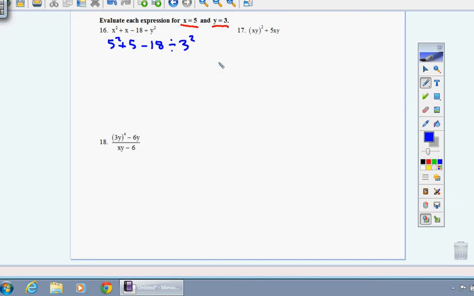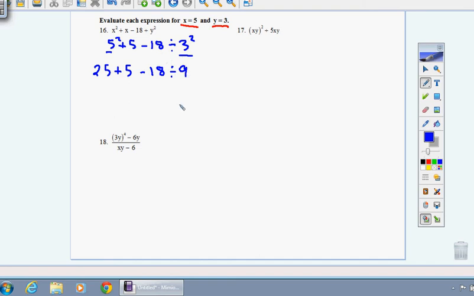Do I have any parentheses? Nope. What about exponents? I do. I have 2 spots that have exponents, so I'm going to simplify those. So I have 25 plus 5 minus 18 divided by 3 squared. 3 times 3 is 9.